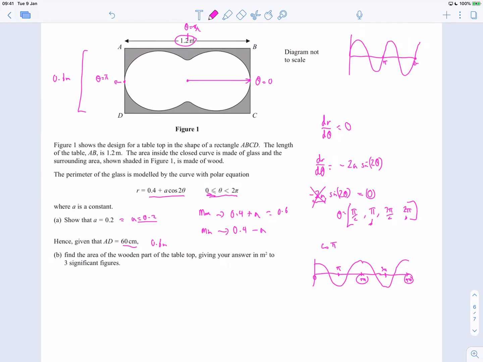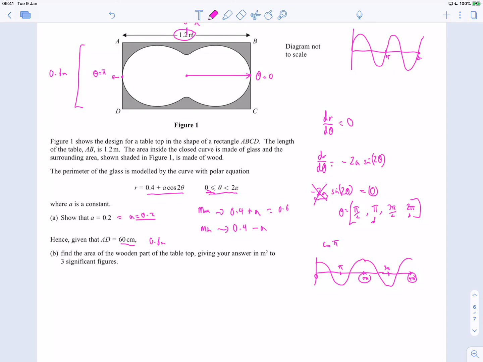Well, if it's not obvious, we need to do the area of the rectangle, which is 0.6 times 1.2, which is 0.72 metres squared. And then we need to minus the integral of the region between whatever and whatever. So, interesting.